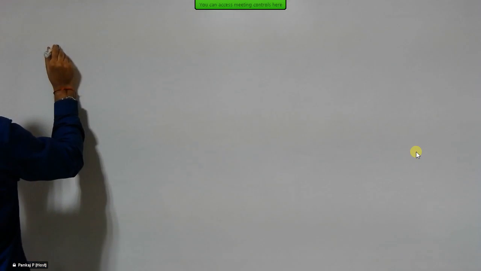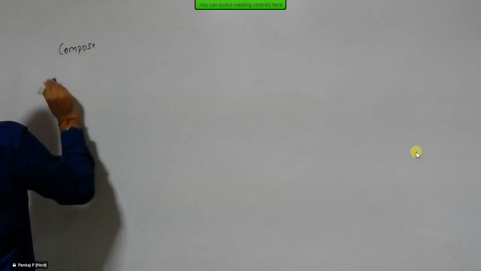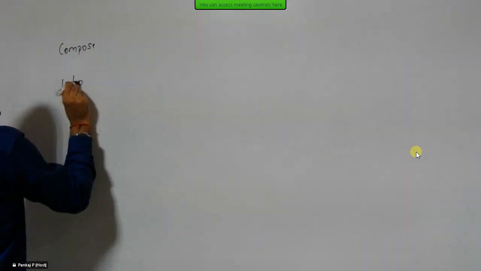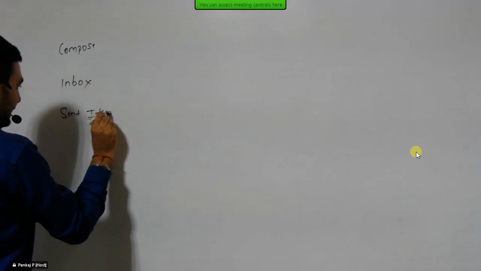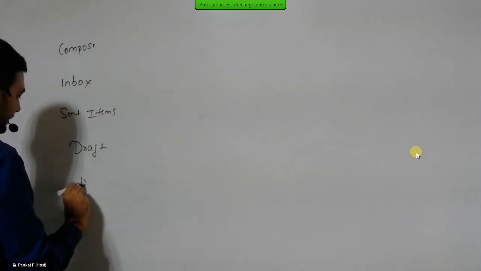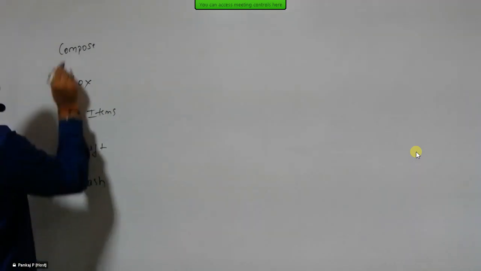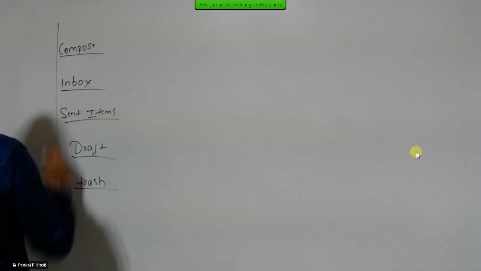You notice here we have, let's say, the compose feature. Then we see inbox, sent items, draft, and trash. I don't have much space to write, so let's limit ourselves till here.